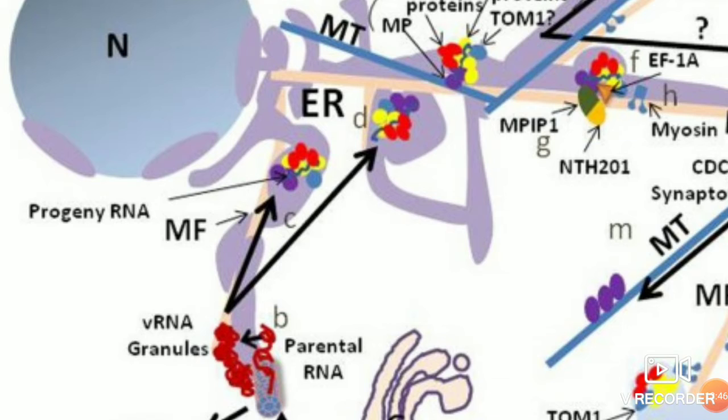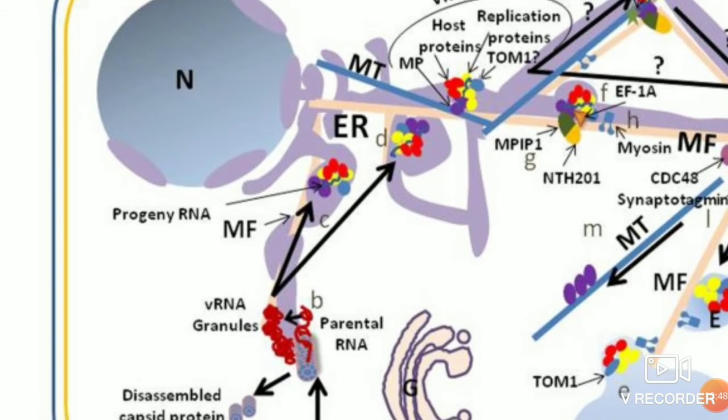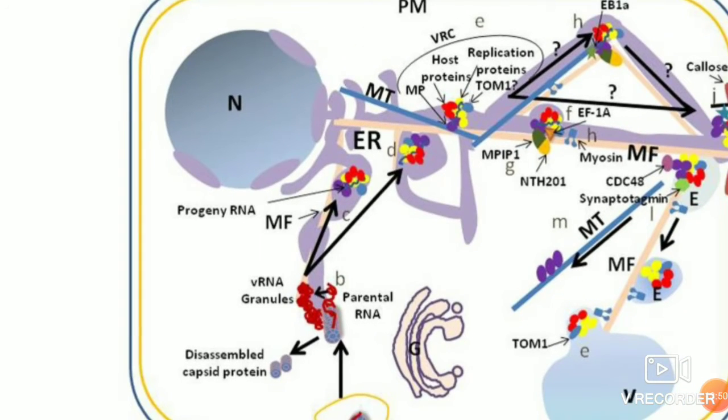Other membranes such as the vacuolar membrane may serve as a scaffold for viral replication. A viral replication complex, that is VRC, is formed in the cortical vertices or perinuclear regions of the endoplasmic reticulum.